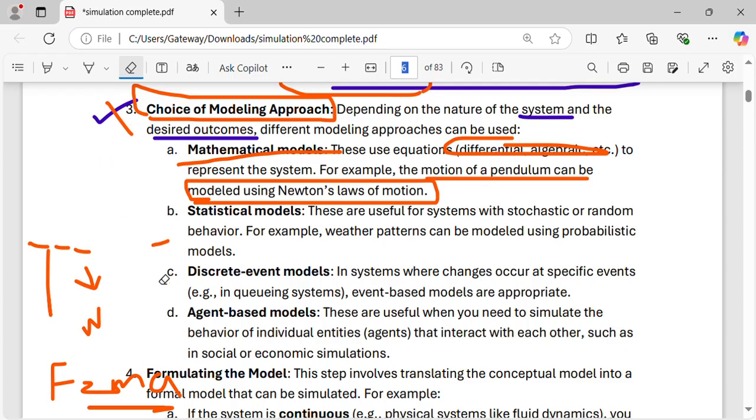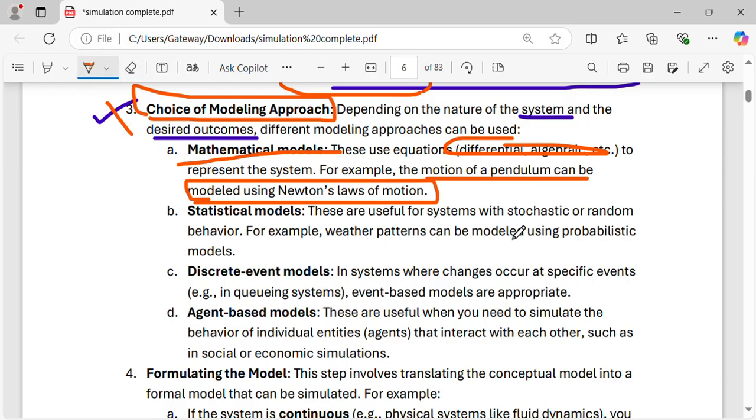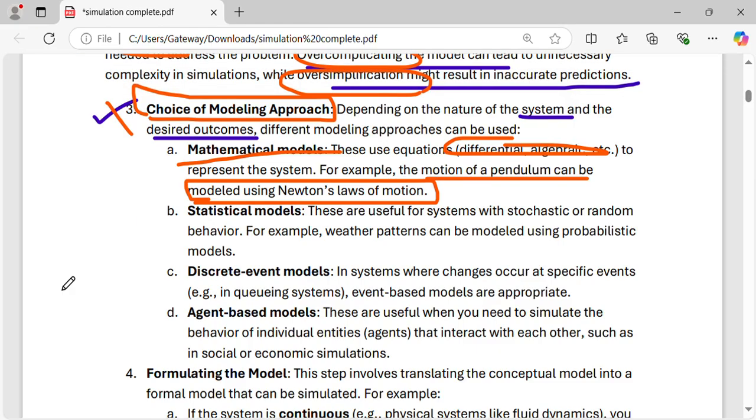The actual problem was the measure of a pendulum, but physicists describe it in terms of mathematical models using Newton's laws of motion. This means you define the problem, conceptualize it, and then convert the concepts into mathematical or whichever representations you're using. All of them will at some point be converted into mathematical representations.